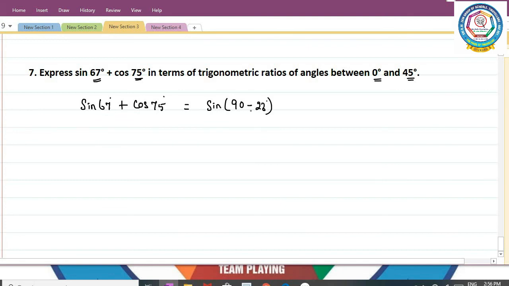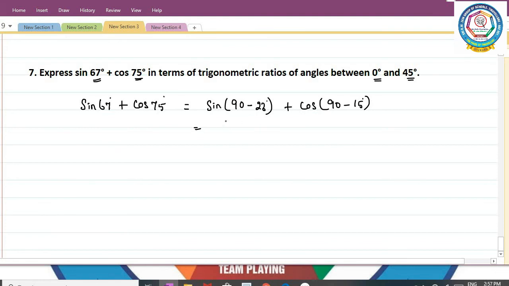Sine of (90 minus 23) equals sine 67, plus cos of, this is also I am going to change into a complementary angle, (90 minus 15). Cos of (90 minus 15) equals cos 75. So what is the complementary angle of sine (90 minus theta)? Cos theta.